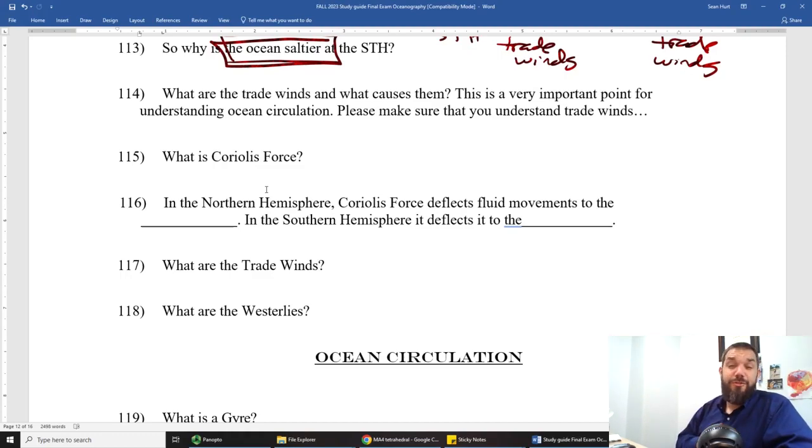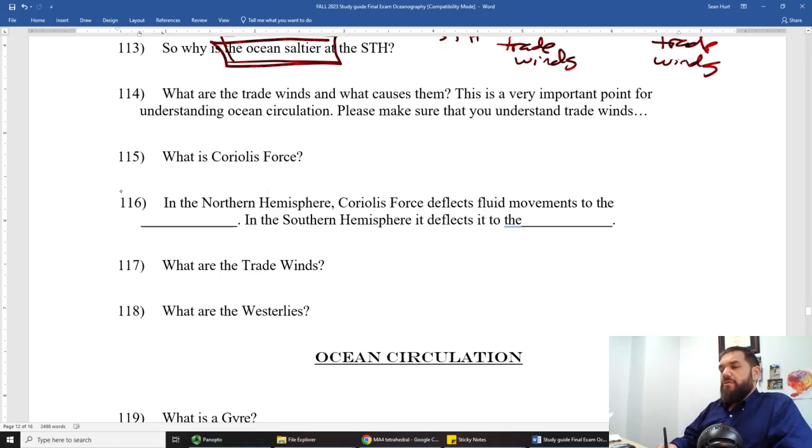I don't want to say it's an illusion, but it arises from the rotation of the Earth. In fact, the Earth is rotating beneath these fluid movements. But anyway, that's what the Coriolis force is. It's always going to deflect fluid movements, whether it's a water current or an air current, from a straight line motion going to the right in the northern hemisphere, to the left in the southern hemisphere.